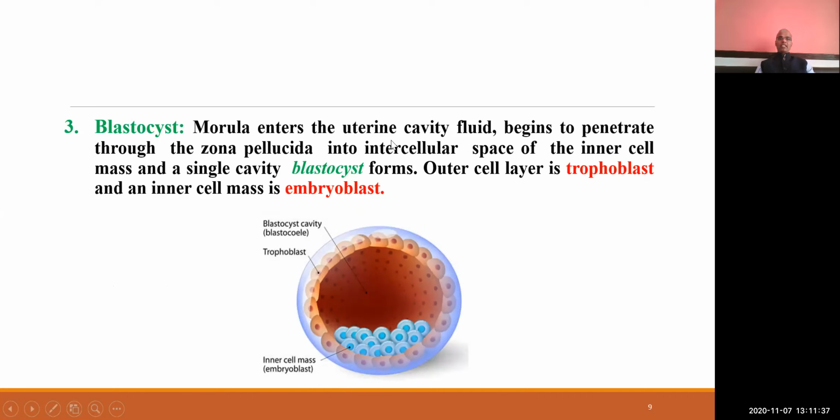The morula enters the uterine cavity fluid and begins to penetrate through the zona pellucida into the intercellular space of the inner cell mass, and a single cavity, which is called the blastocyst, is formed. The outer cell layer is called the trophoblast, and the inner cell mass is called the embryoblast. This embryoblast gives rise to the embryo.